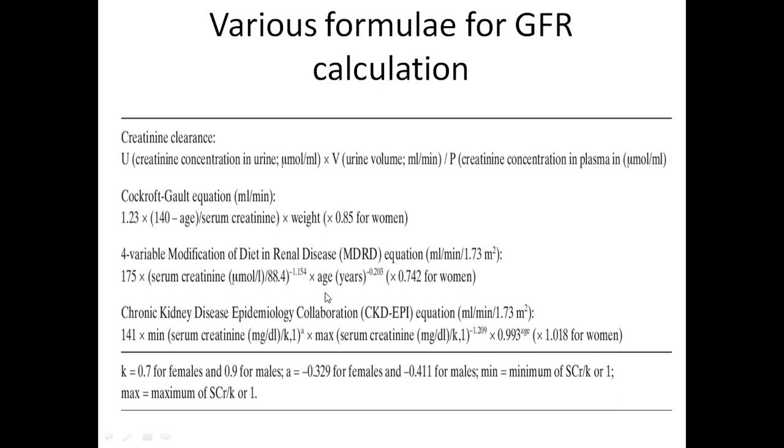The variables differ for each equation. In case of Cockcroft-Gault, the variables are weight and sex. In case of MDRD, the variables are sex as well as race, for American or Afro-American. CKD-EPI is mainly based on body surface area and sex.